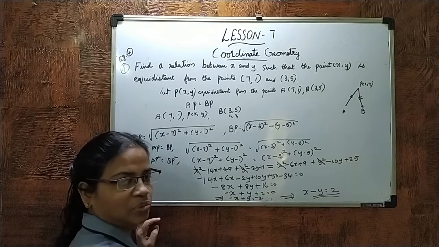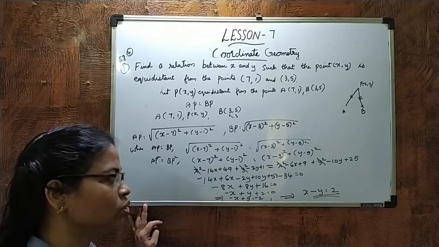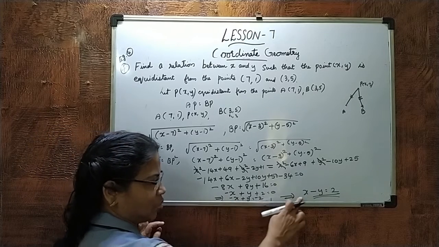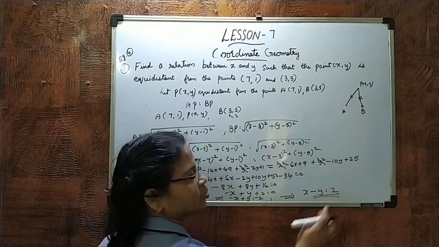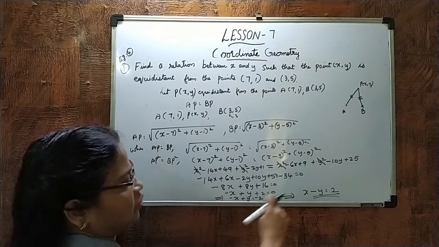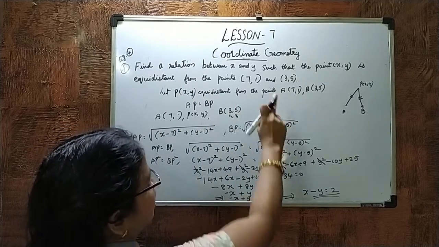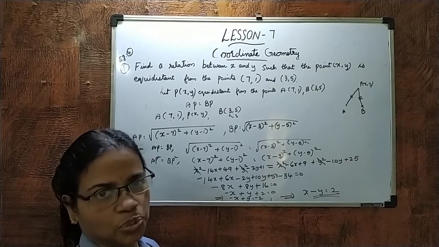You have to change all the signs in the full equation. So negative x becomes positive x, plus y becomes minus y, and negative 2 becomes positive 2. So this is the relation between x and y, such that the point (x, y) is equidistant from these 2 points.